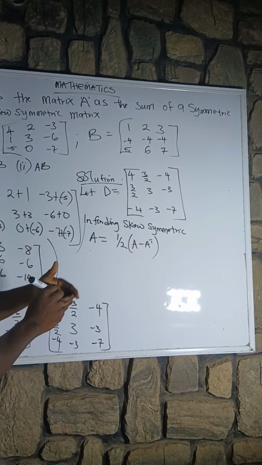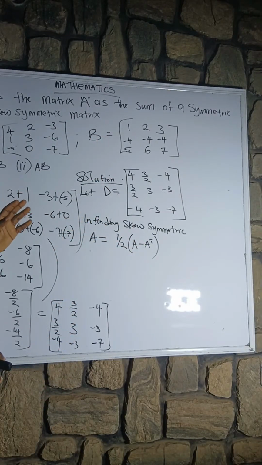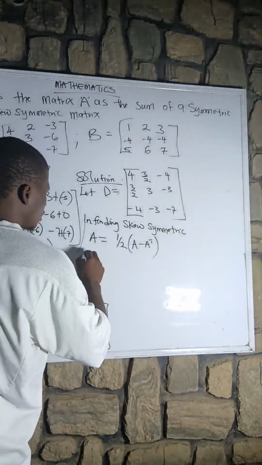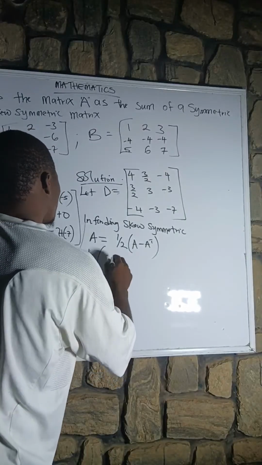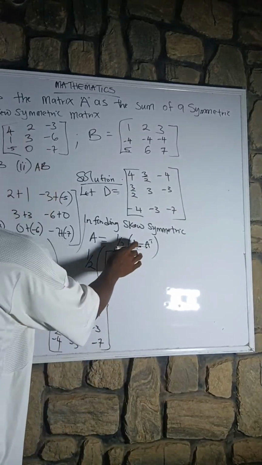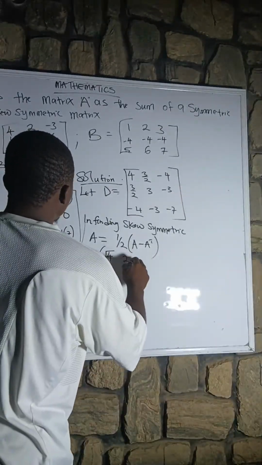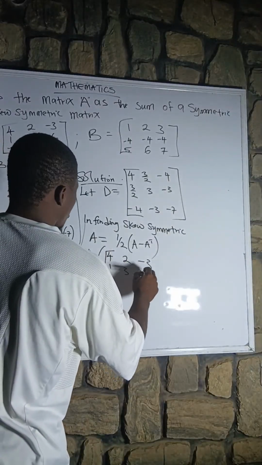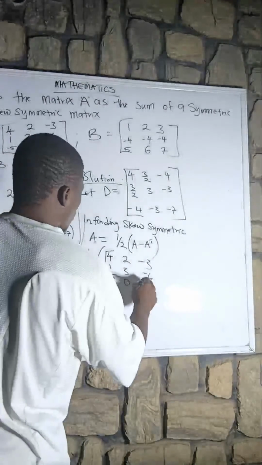We already know our matrix A, and we already know the transpose of what? Of matrix A. Now, in finding the skew symmetric, it's going to be half, open bracket, and matrix A we say is 4, 2, minus 3, 1, 3, minus 6, minus 5, 0, minus 7.